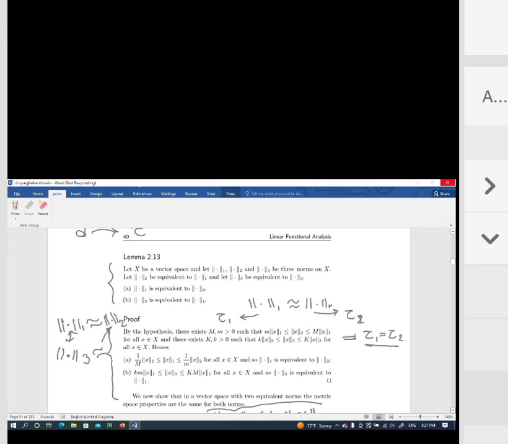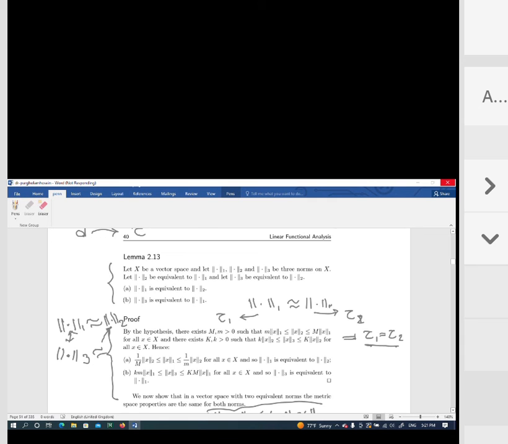As I said, if norm 2 is equivalent to norm 1, then norm 1 is equivalent to norm 2. Equivalence of norms is symmetric.